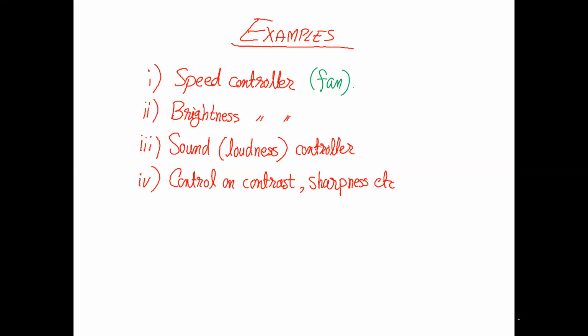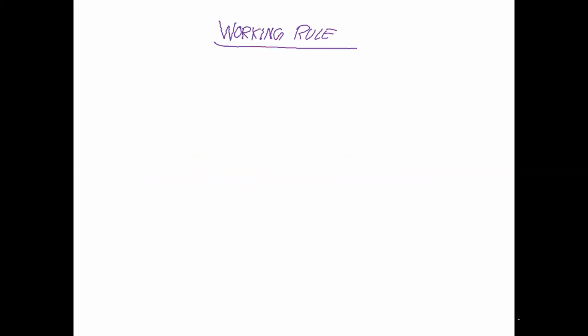Now let's talk about the working rule. Now, the very important concept comes here, that is how a potential divider works. It is not a device, it is actually a circuit. So suppose that this is a 10-volt power supply and this is a resistor.